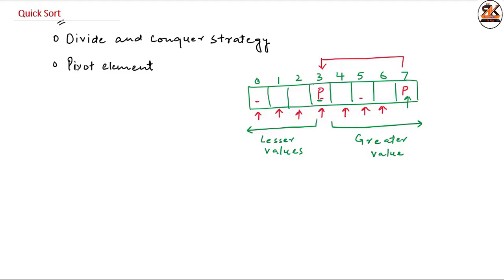So after the first iteration, at least one element in this unsorted list gets its appropriate position, and that is at index 3. It can be index 4, index 5, index 6, or any other index. It depends on the conditions that we use in our algorithm.